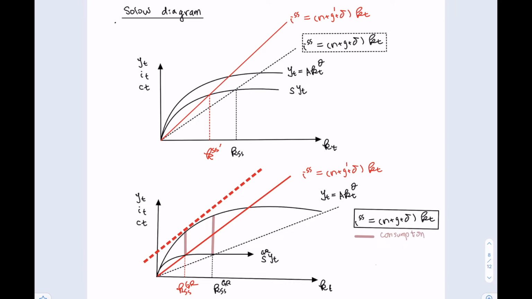The answer is no. That is because here we are looking at the per effective worker variable instead of per worker. However, when we are talking about the living standard, we are talking about the output per worker instead of the output per effective worker. So let's now take a look at the role of the g in determining the living standard.